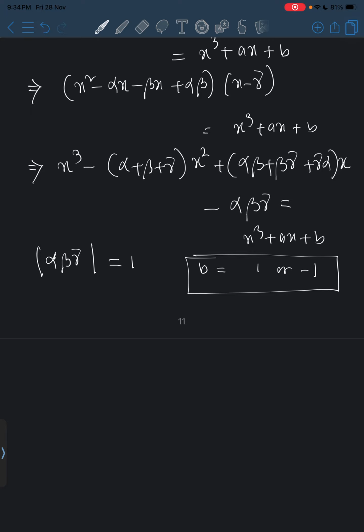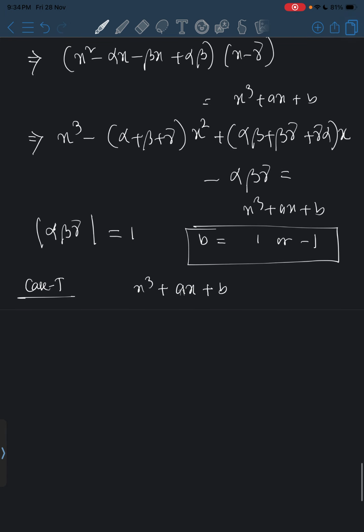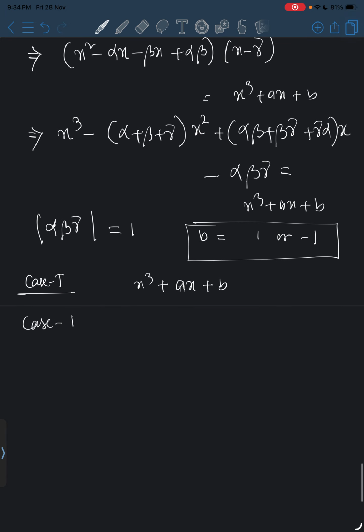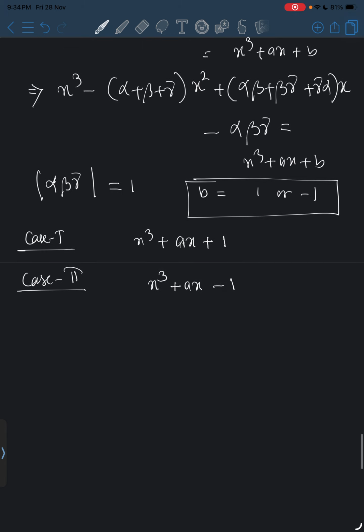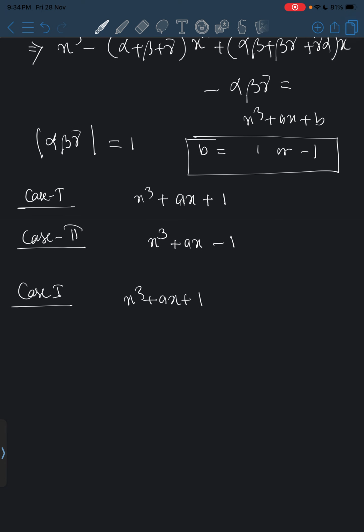So you have case 1, x cube plus ax plus 1, and case 2, x cube plus ax minus 1. Now let's take case 1, x cube plus ax plus 1. Now there must be one real root, right? And the real root is 1 or minus 1.